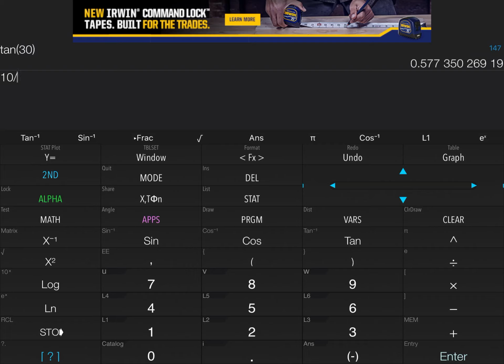There is a function in every calculator for the answer. In my calculator, I have to press second, and then the negative sign to the left of the enter button, and that would automatically enter the number from the previous answer, and that will allow me to find the answer with higher accuracy. I press enter, and I get 17.3.